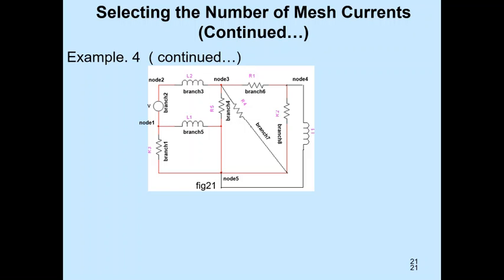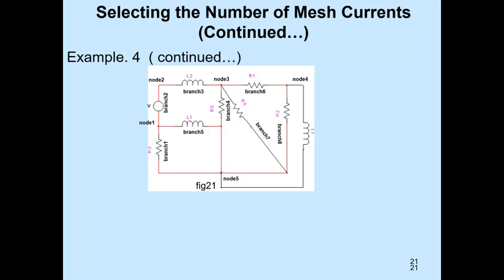And the nodes. The junction between R3, branch 1, branch 5, branch 2 is node 1. And the junction between branch 3 and branch 4, branch 7 and branch 6 is node 2.